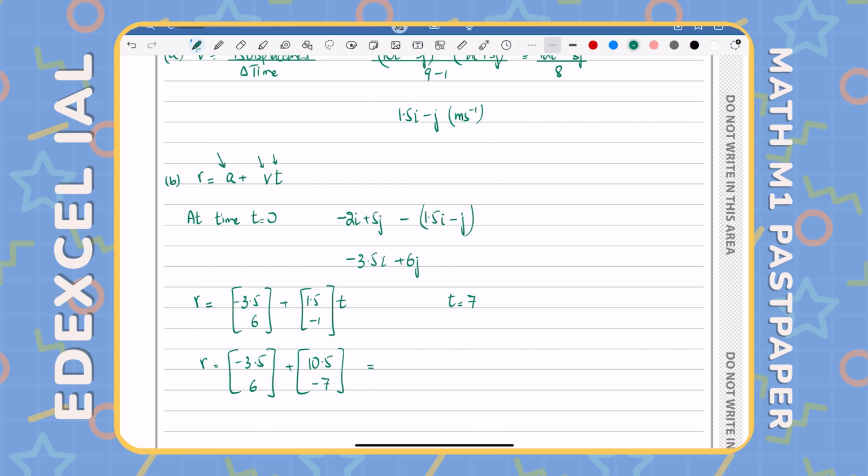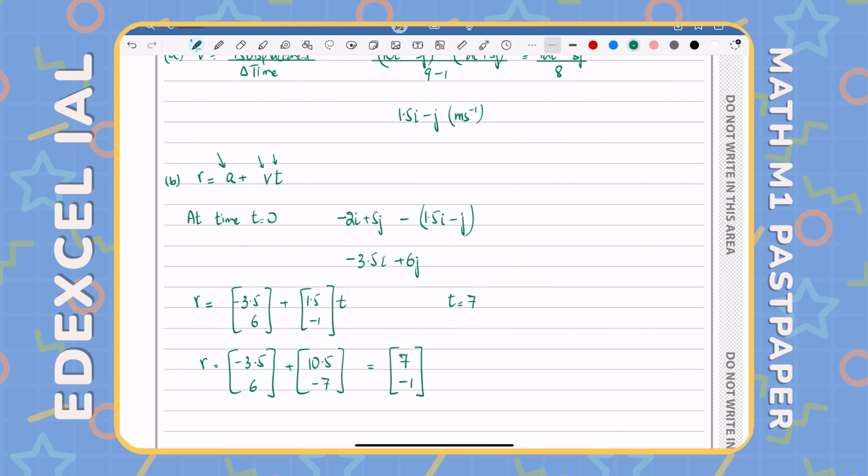Minus 3.5 plus 10.5, let me just make sure I've done everything correctly. Yes, minus 3.5 plus 10.5 is 7. Sorry, not 6, it's 7. And 6 plus minus 7 is minus 1.